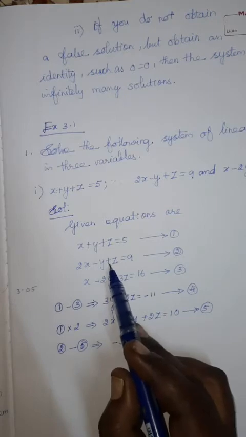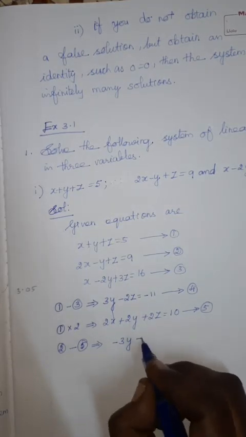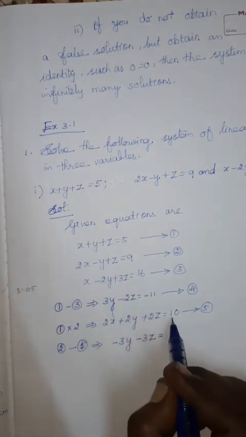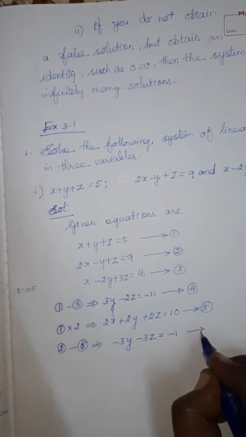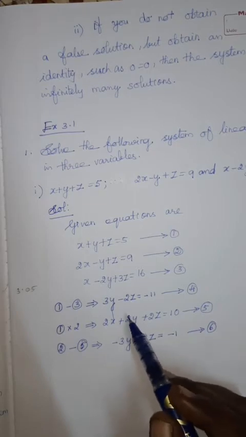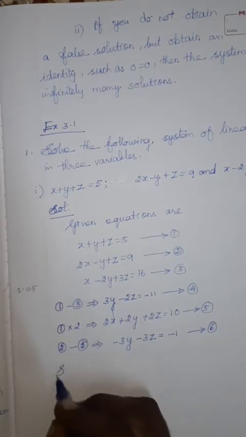Next, z minus 2z, that means minus z equal to 9 minus 10, it is minus 1. So this is equation number 6.